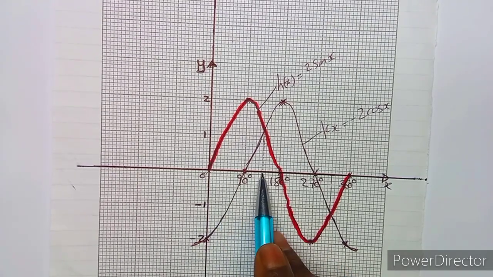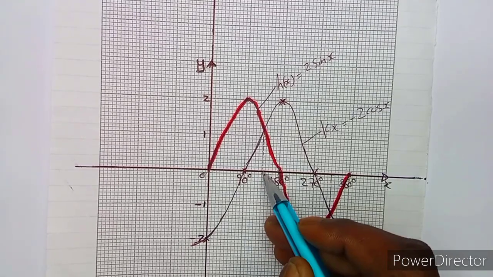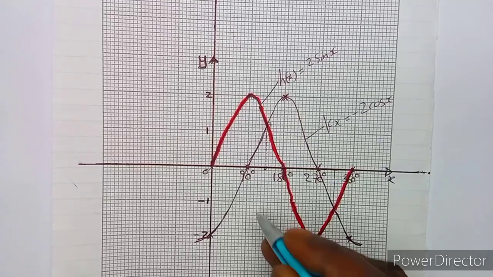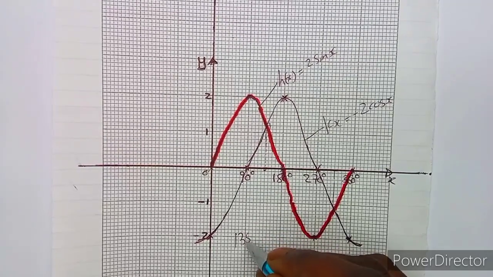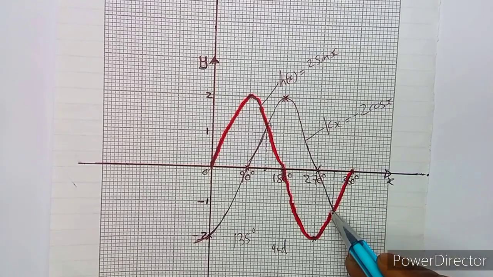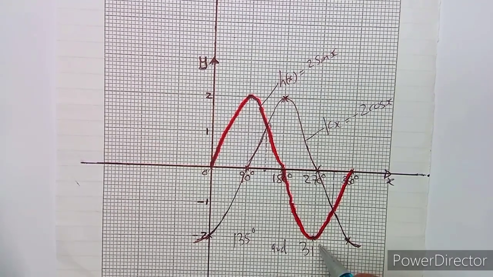So in between is 45 degrees. So it's going to be 90 plus 45, which is 135. So we are going to have 135 degrees there. And another point of intersection is going to be here, which is 270 plus 45, which is 315 degrees.